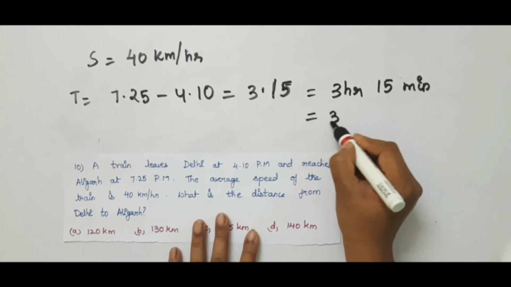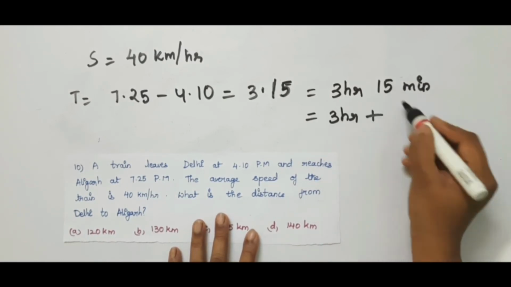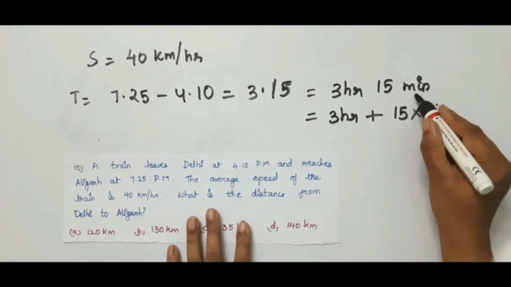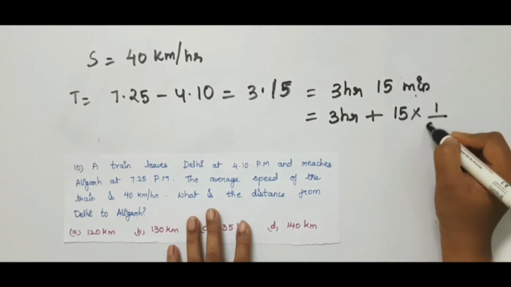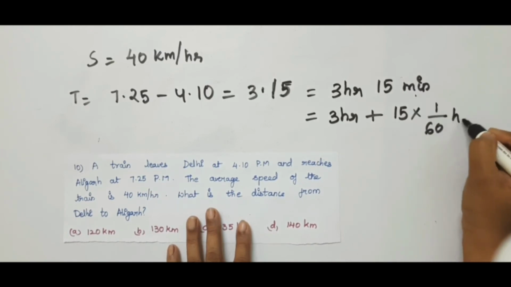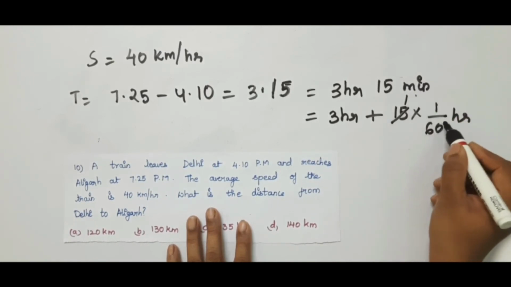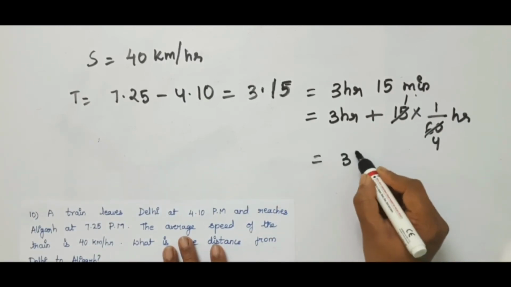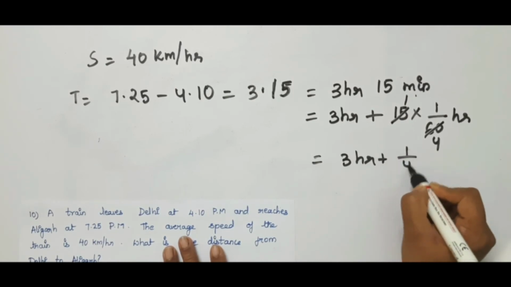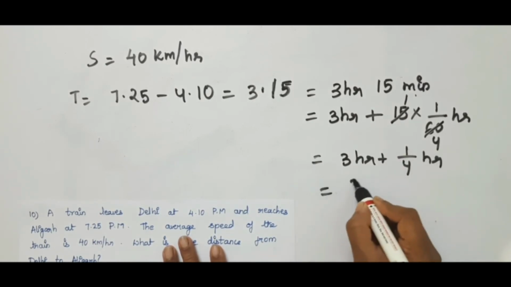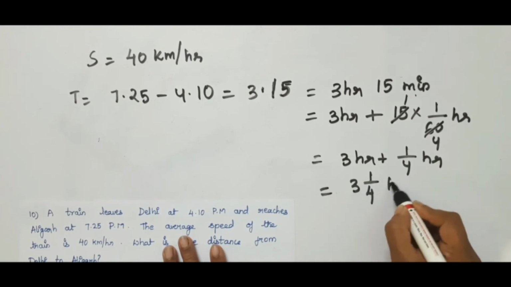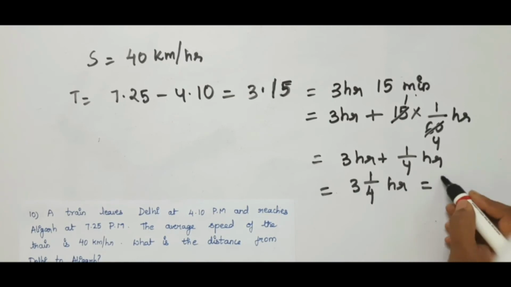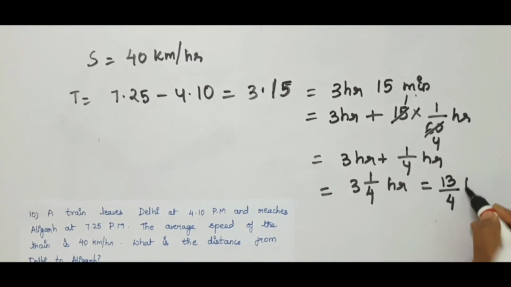So this is 3 hours plus 15 into 1 by 60 hour, as we are converting minutes to hours. 15 ones are 15, so 15 by 60 is 1 by 4. So we got 3 hours plus 1 by 4 hour, which is 3 1 by 4 hours. Finally this is 12 plus 1, which is 13 by 4 hours.